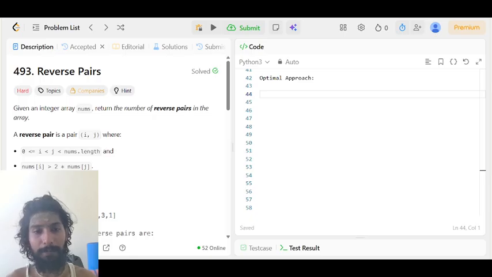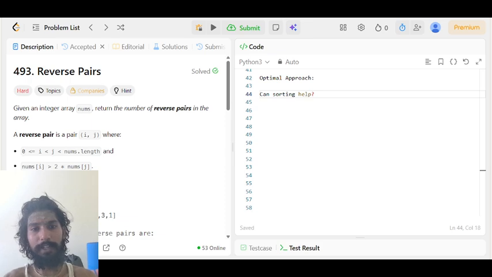Whenever we see a pair counting problem but brute force is too slow, we should think, can sorting help? But we cannot simply sort the full array directly because sorting changes the original positions. The condition i less than j depends on original index order. So we need a technique that keeps track of order while also using sorting. That technique is merge sort.